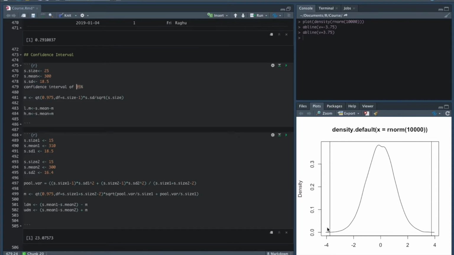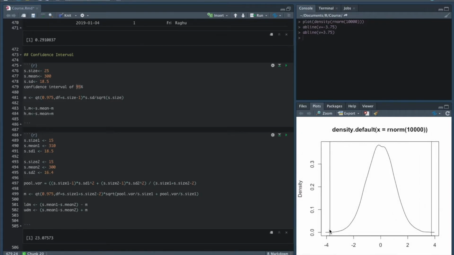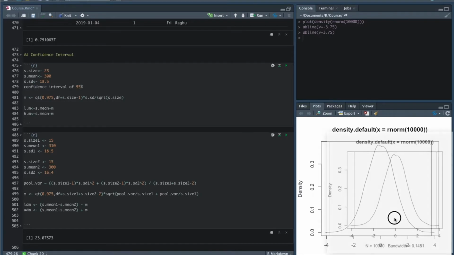That 5% is divided into the two sides of the plot, beyond the boundary of these two lines. So since 5% is left, it is divided into two sides of this plot.